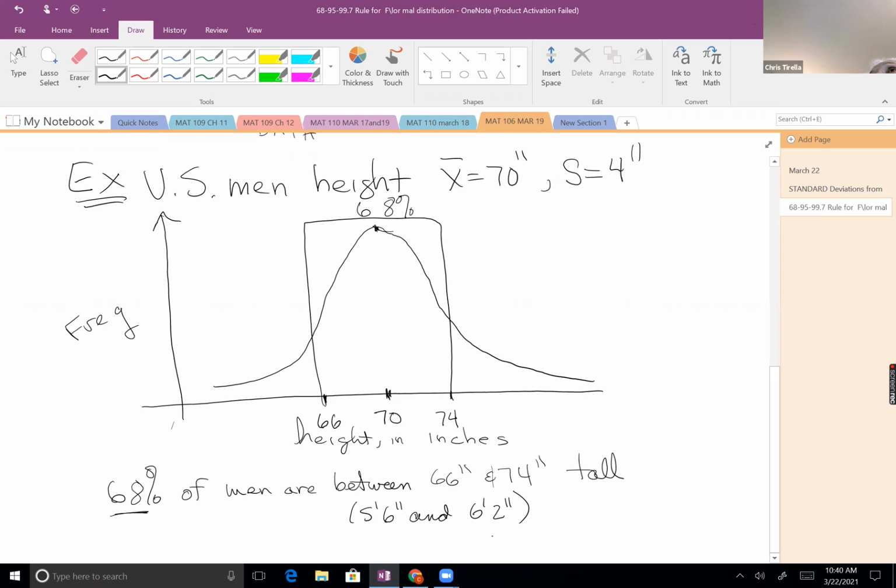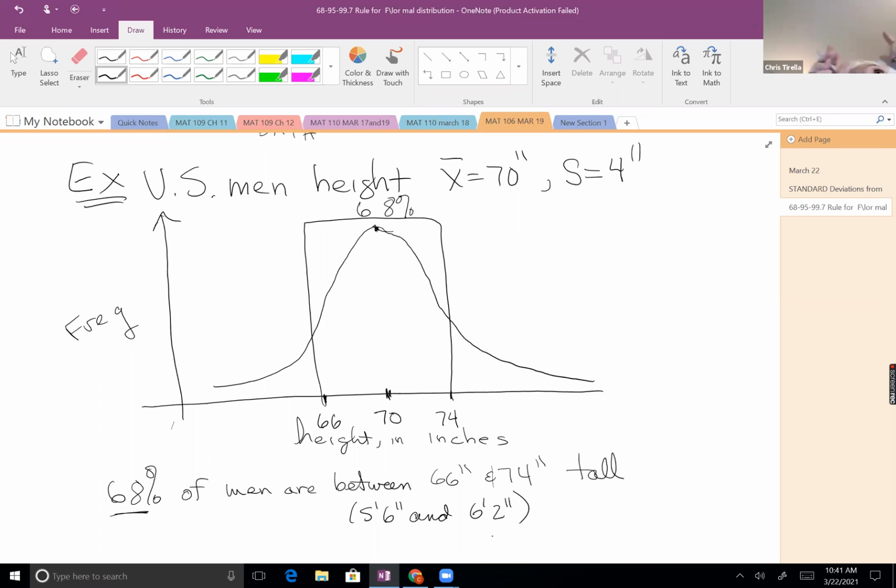And what happens is it works with men's height. It works with all sorts of things. If I were to take some product that's available on the market and look at all of the prices, if they're all the same product, those prices are probably normally distributed. If I were to look at something like test scores, have everybody heard of that SAT, that test that everybody takes on the same day?